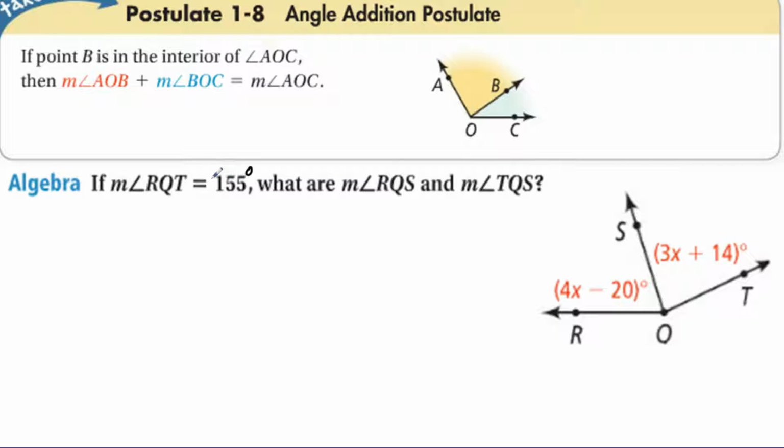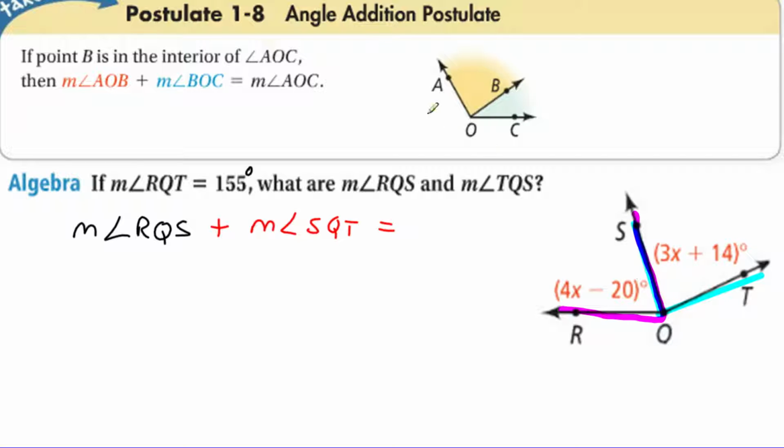So we're going to do the same kind of thing, and I'm going to say that the measure of angle RQS, which if you're unsure about what RQS is, that's this one, plus the measure of angle SQT, which again, if you're unsure, SQT starts at S, goes down to Q, and then over to T, should be equal to the big one, which is the measure of angle RQT.